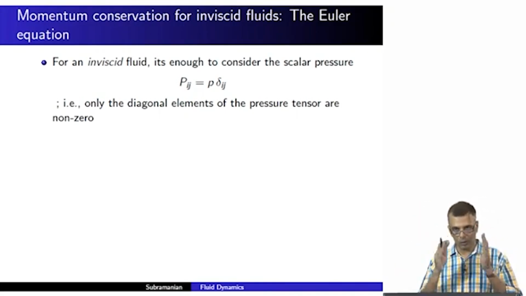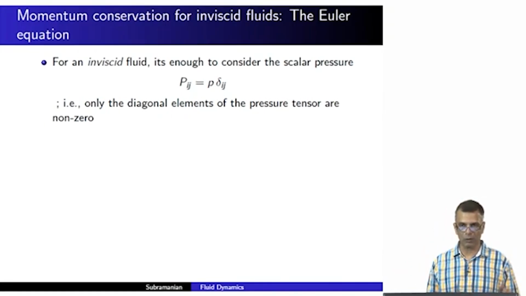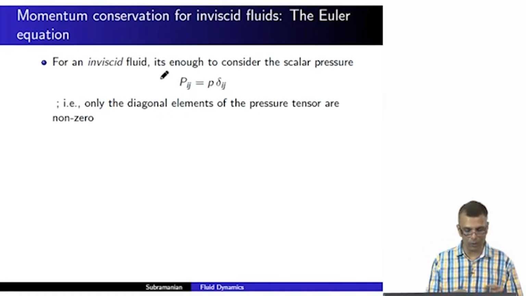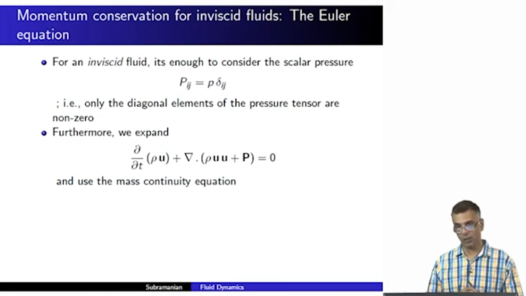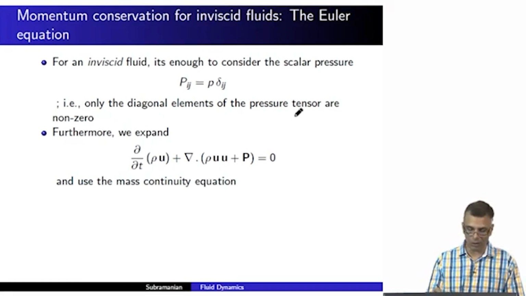You realize we are simplifying things from what we saw in the last slide, where we retained everything in Pij. Furthermore, we expand this. This is still the most general equation. We expand this and use the mass continuity equation.